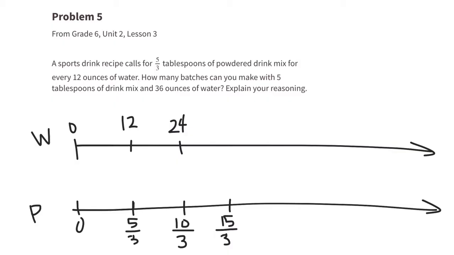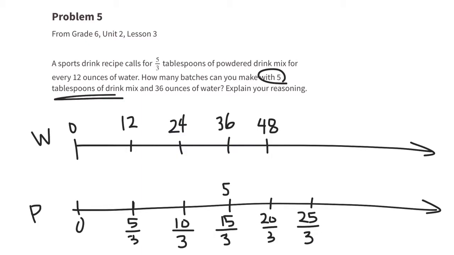By the way, that's 5, which means we now have 36 ounces of water. And then if we have another 5/3, that's 20/3, we're going to have another 12 ounces of water. And then another 5/3, and then another 5/3. Wait, let's see, 5 times 3 is 15. Oh, look at that. Hey, we're done.